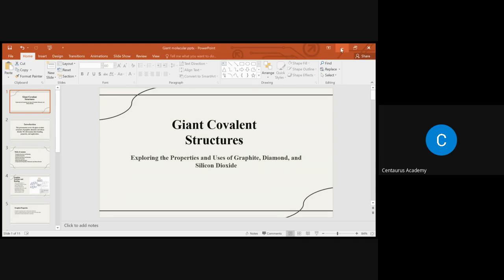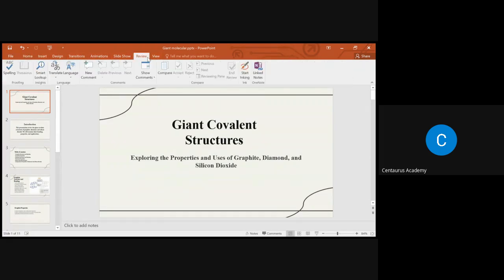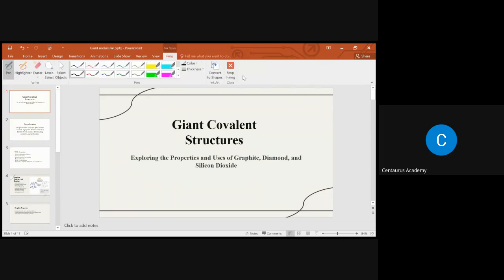For instance, if we have magnesium chloride, Mg is 2 plus, it is present in group 2 of the periodic table. Chlorine is present in group 7, so it forms a chloride ion, Cl negative.